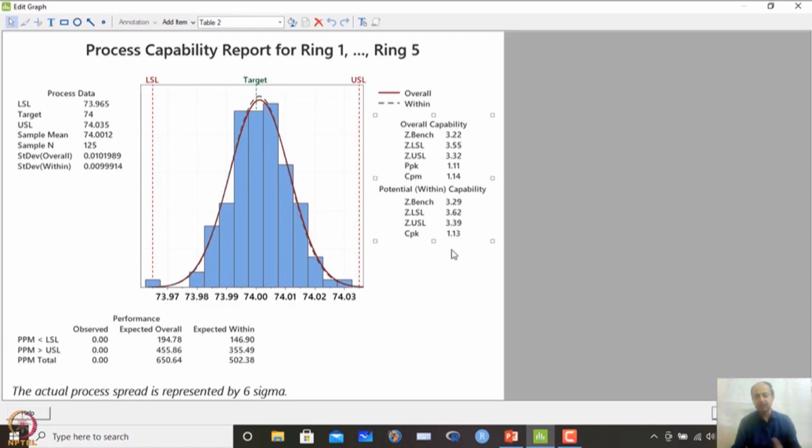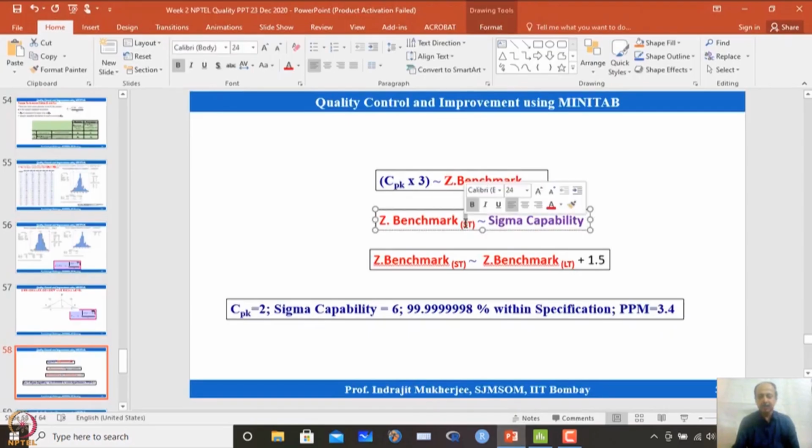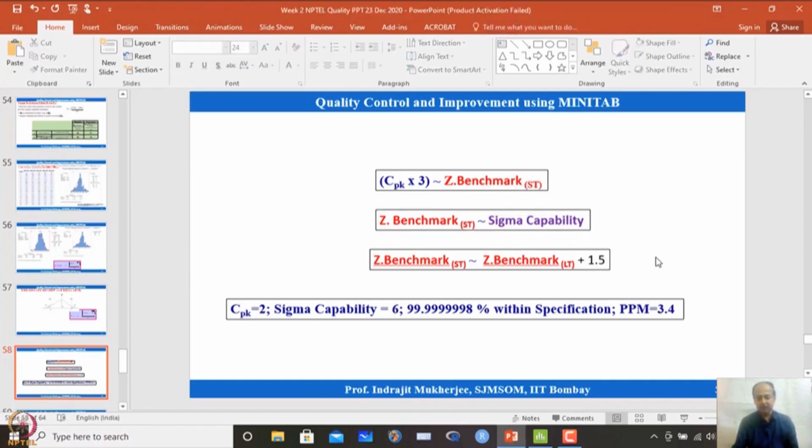So, CPK multiplied by 3 will give you Z benchmark, and in the long run, what this says is that this Z benchmark short term, which we are calculating using R bar by d2 and sigma, that calculation of sigma is the sigma capability of the process, and also there is the assumption that the process mean shifts, as in Six Sigma principles. What they say is that the process mean can shift from one end to the other by up to 1.5 standard deviation. So, that is added over here.